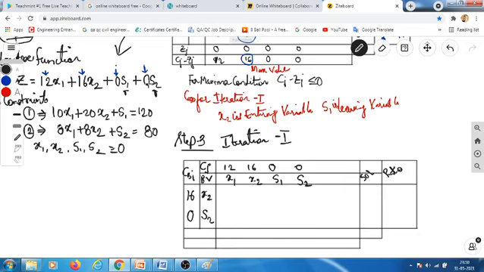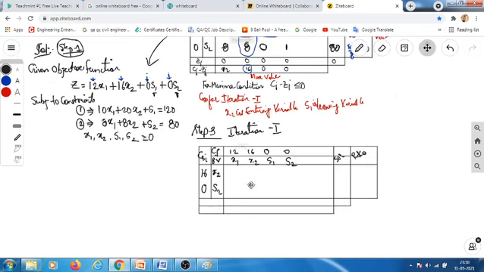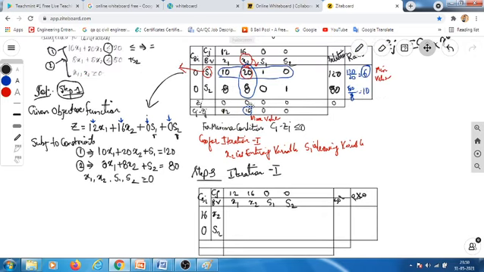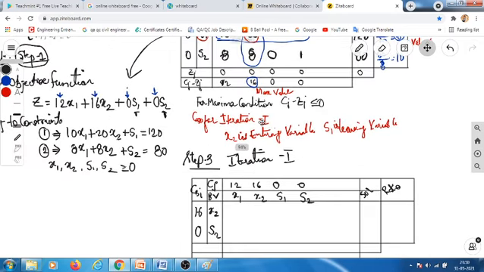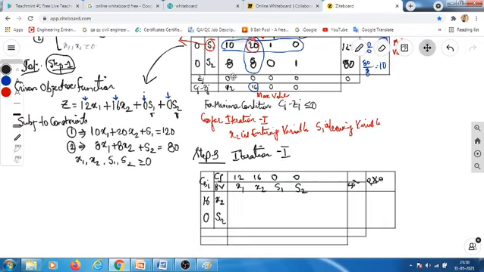We need to divide by the key element. To get the new values of the row, we need to divide all of these values by the key element 20. What is the old value? 10. So, 10 divided by 20 will be 1 by 2.